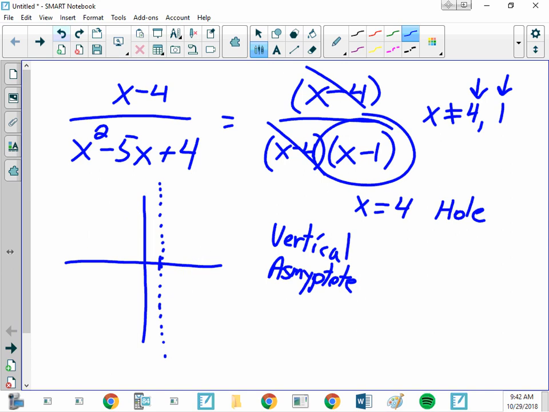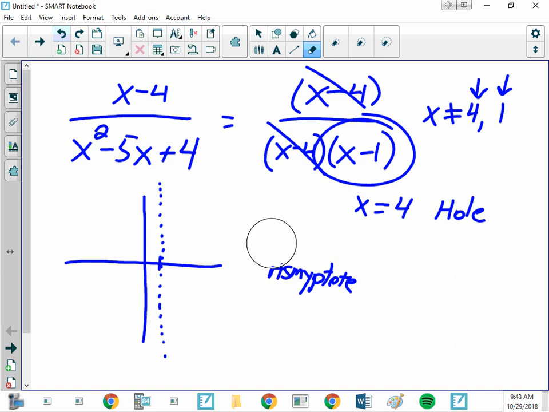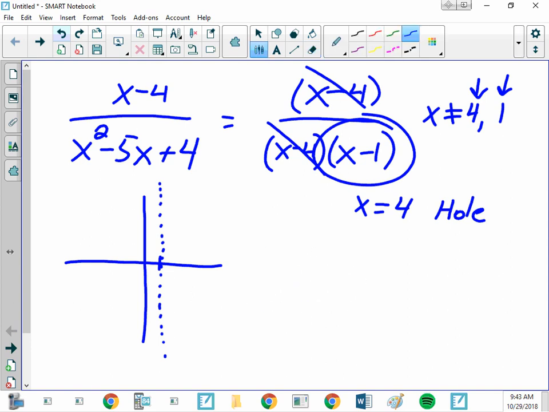Okay, so that's the first thing for today. If a factor in the denominator cancels, we have a hole. If a factor in the denominator does not cancel, then we have a vertical asymptote, and we're just going to abbreviate that from now on as x equals 1 is a VA, vertical asymptote. What about horizontal asymptotes?